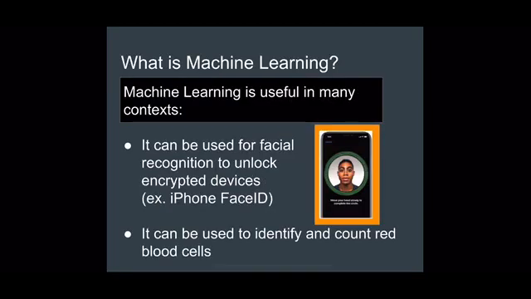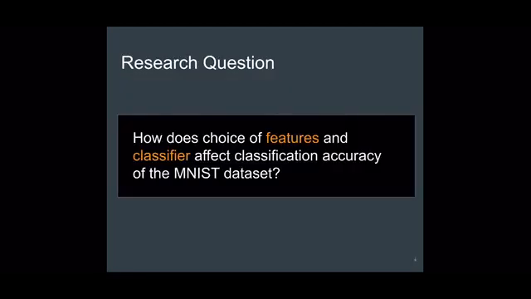Machine learning is useful because it allows us to automate many processes and allows us to perform tasks much more efficiently, such as counting red blood cells or unlocking our phones. My research question for this project was, how does choice of features and classifier affect classification accuracy of the MNIST dataset? And features are basically elements that you can take away from the data.